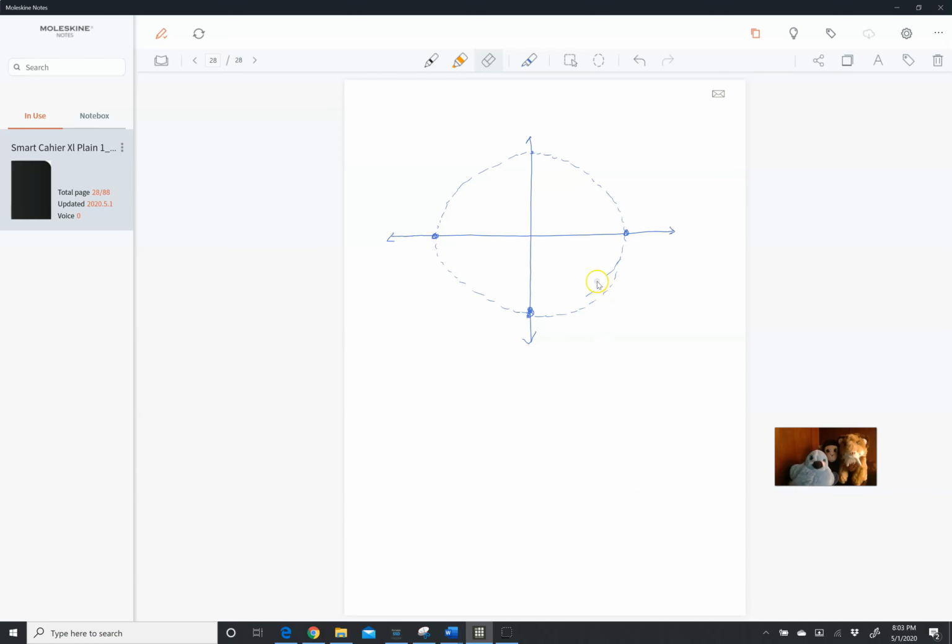This is awful. Let me see if I can fix it. I think this point has to come here. At least I don't have to see your faces as to how awful this circle looks.